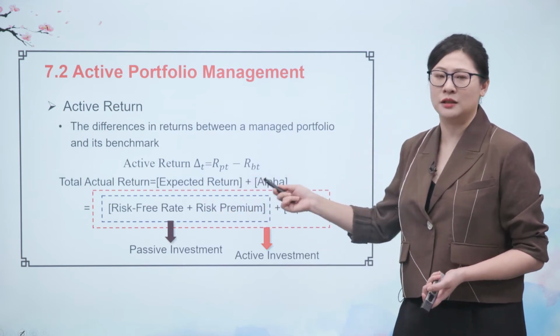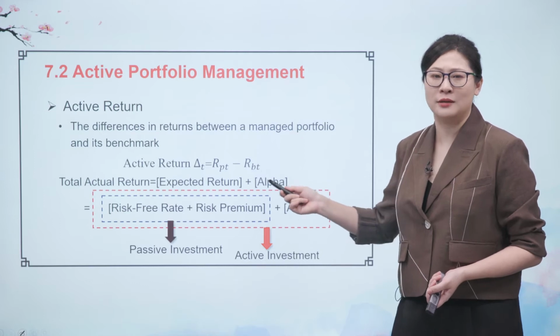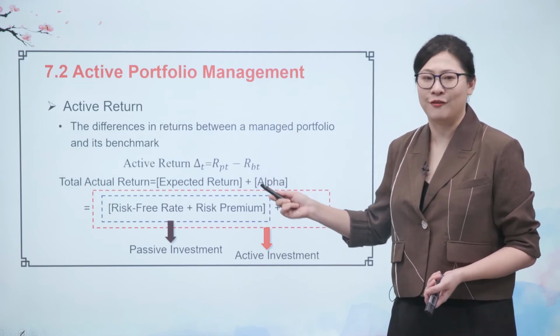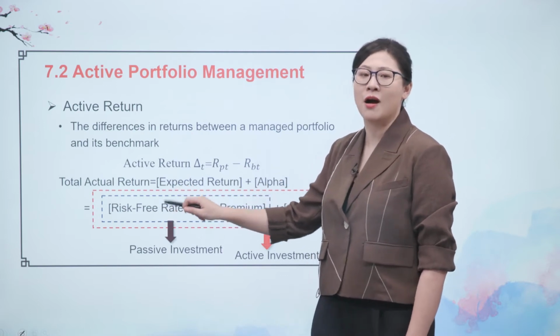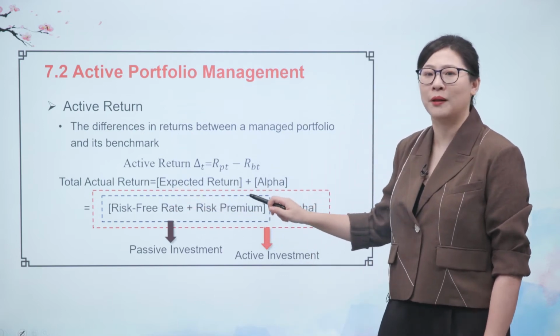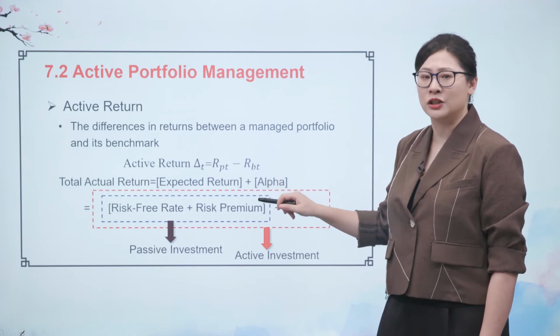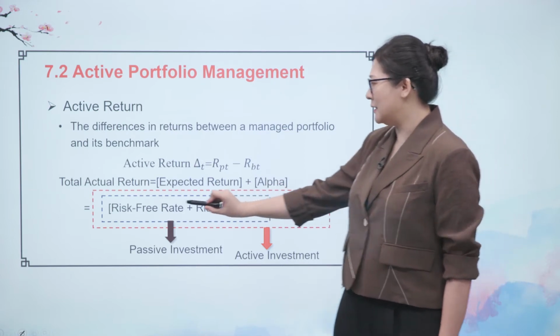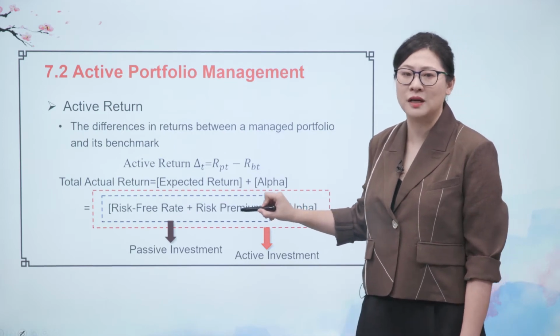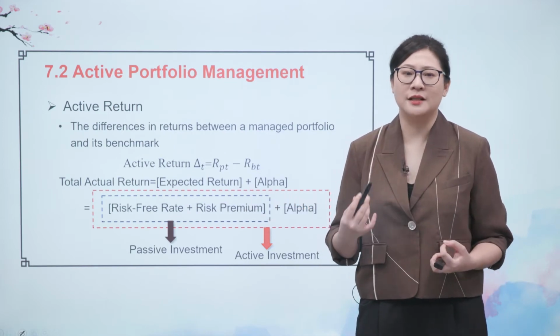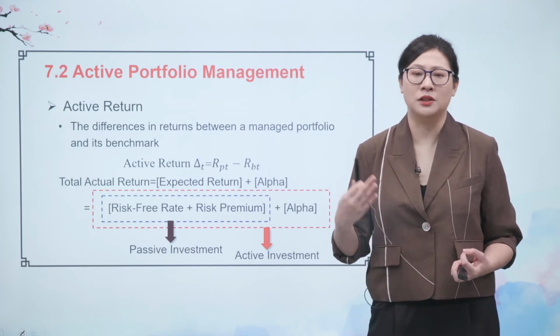The other is from your active strategy, where you get alpha. The expected return can be separated as RF plus beta multiplied by RM minus RF. So this is your risk-free rate plus your risk premium based on your market risk. All this blue part is your passive investment return.